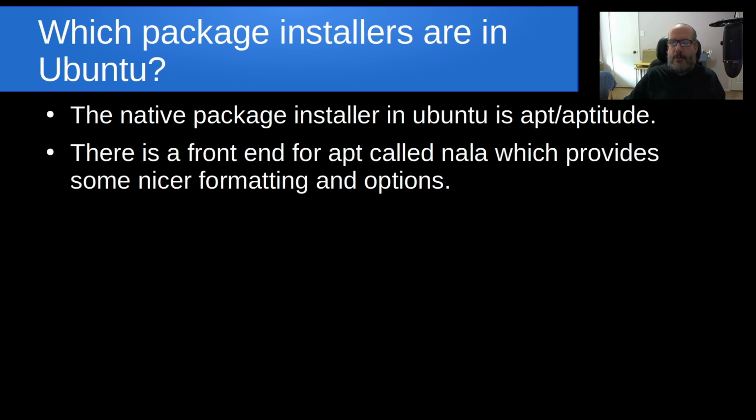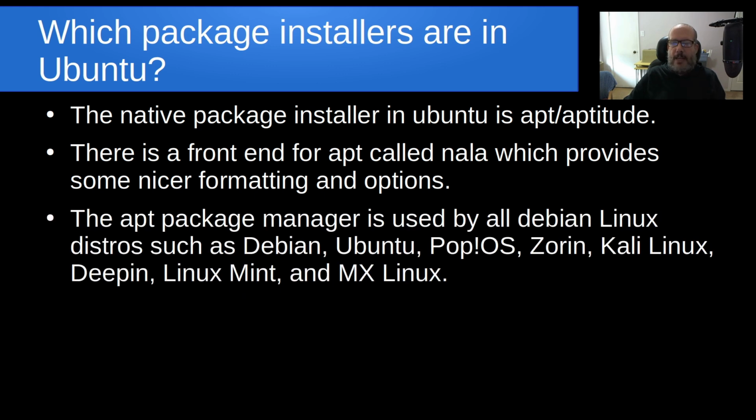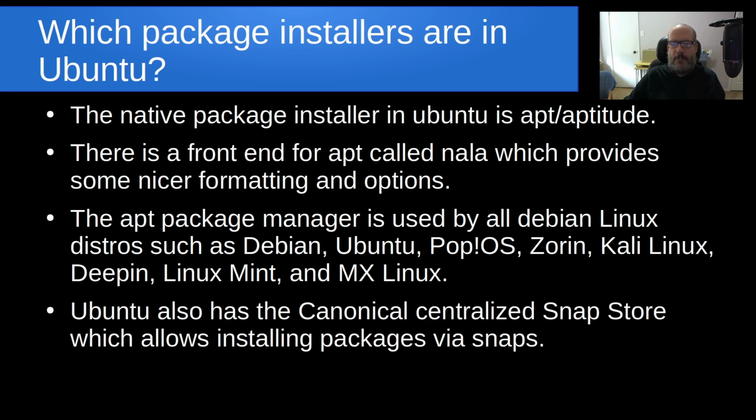There is a front end for apt called Nala, which I'm going to go over in this video, and it provides some nicer formatting and options for apt. The apt package manager is used by all Debian distros such as Debian, Ubuntu, Pop! OS, Zorin, Kali Linux, Deepin, Linux Mint, and MX Linux, and I'm sure others as well.